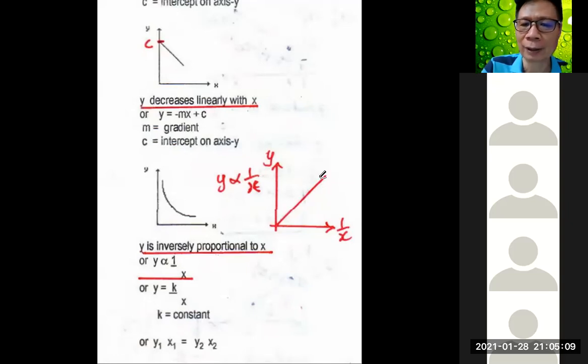So it becomes like that. In fact, the two graphs actually are the same, inversely proportional. This one also you can say inversely proportional, because when you see y proportional to 1 over x, this is considered inversely proportional. One up here, one down here, is inversely proportional. Okay?